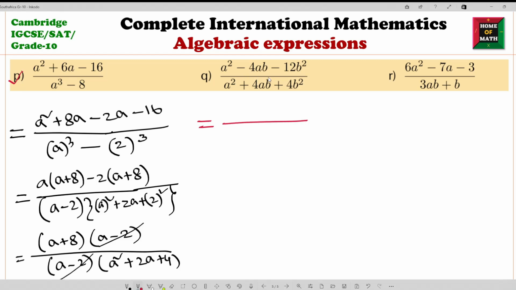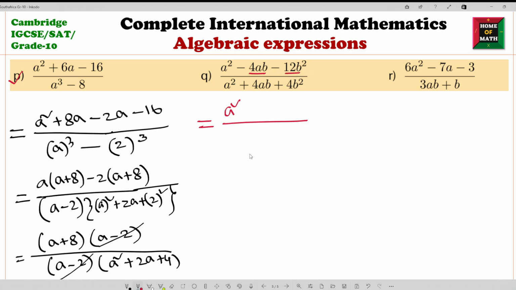Number Q. A square minus 4ab minus 12b square divided by a square plus 4ab plus 4b square. So this one is a square. Look, here is 4ab and here is 12b square.